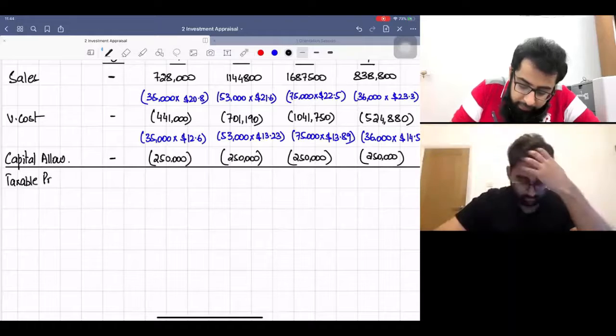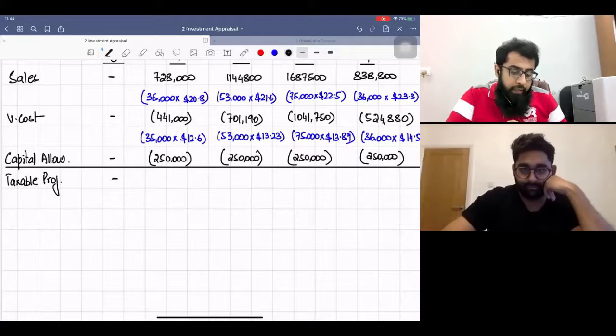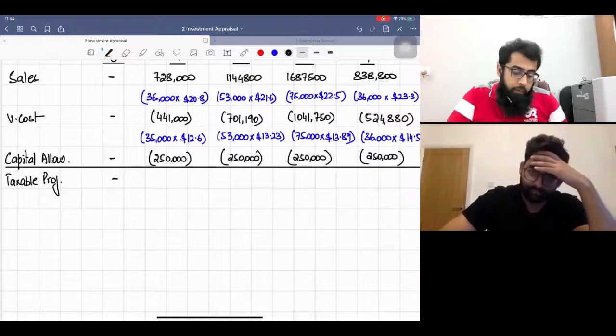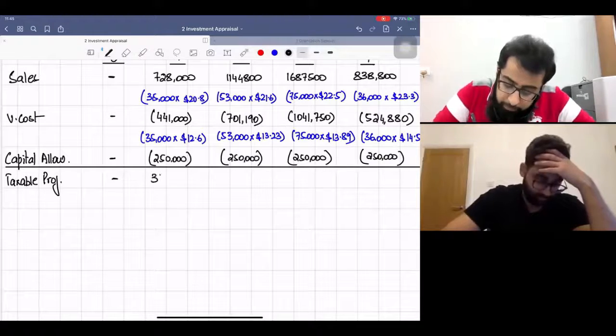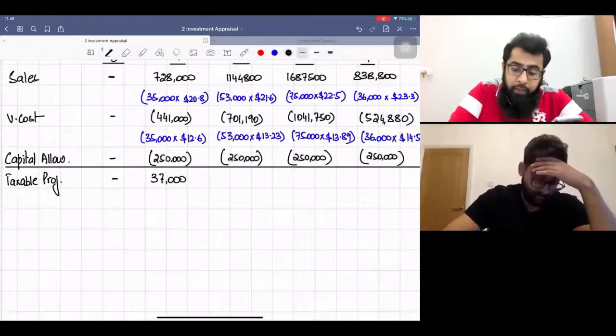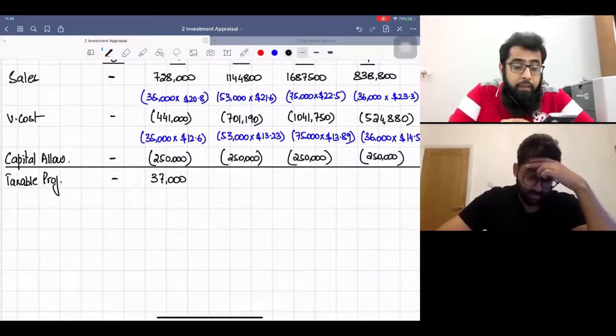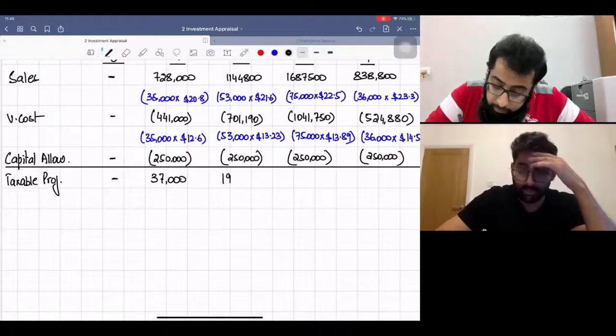Taxable profits: 728,000 minus 441 minus 250, so it's 37,000. Then 1,144,800 minus 701,190 minus 250,000, so this is 193,610.